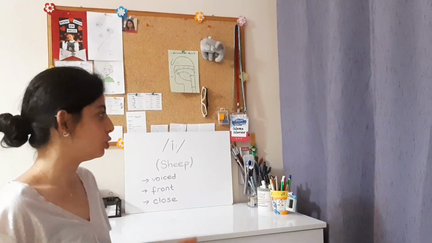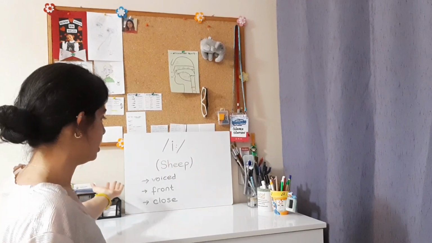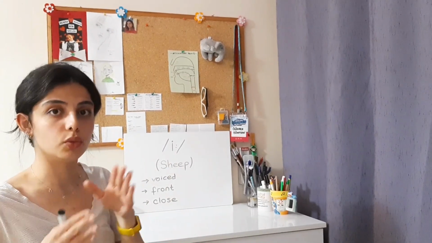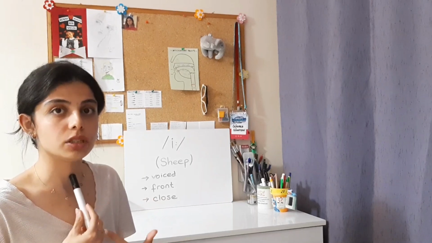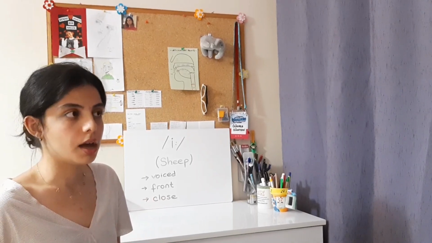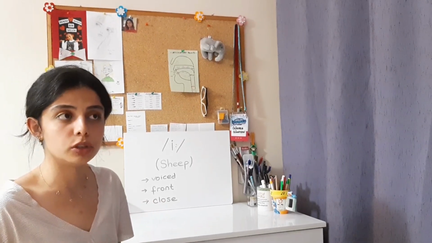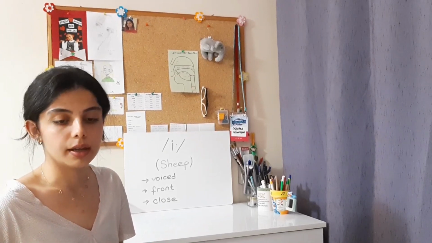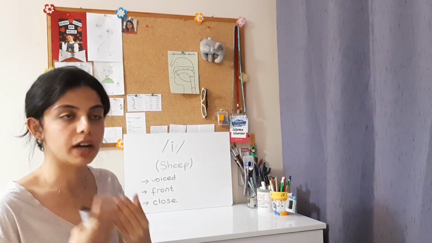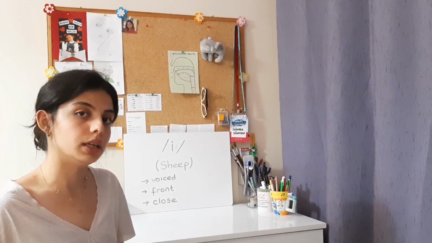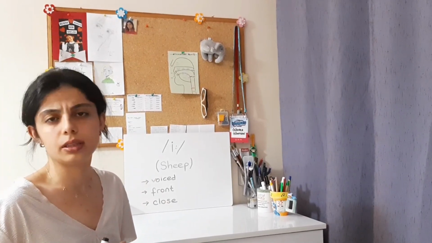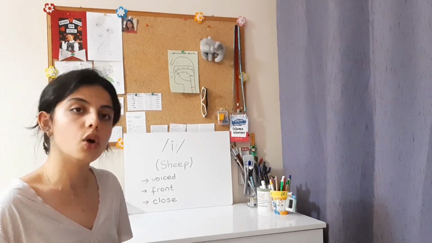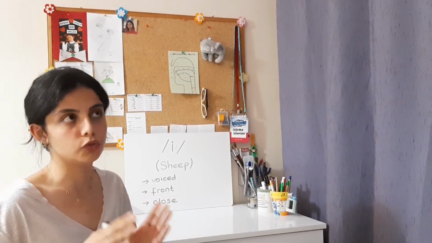Now, to know if a sound is voiced or voiceless, we have to feel a vibration in our throat. While we pronounce a sound, if our throat vibrates, we call it voiced, and if it doesn't, we call it unvoiced or voiceless.